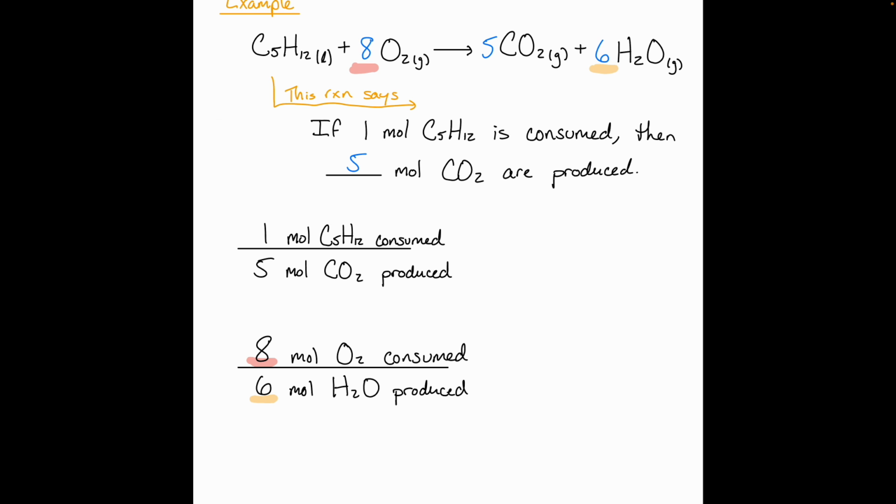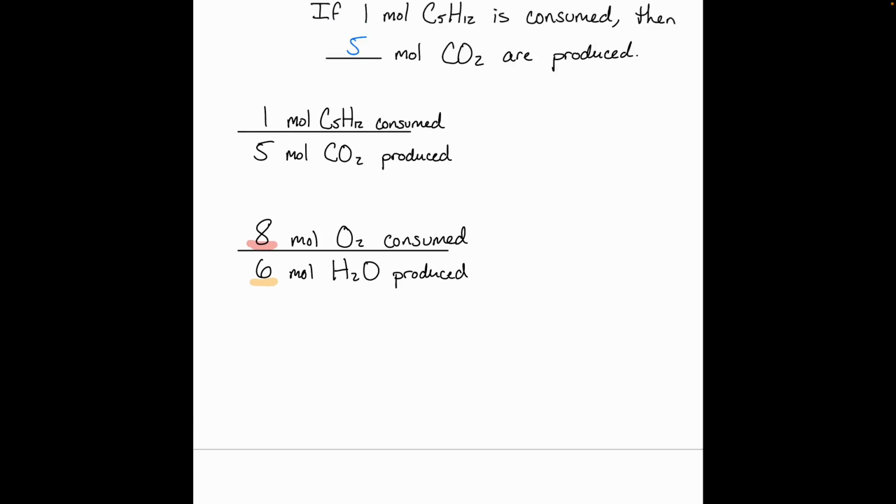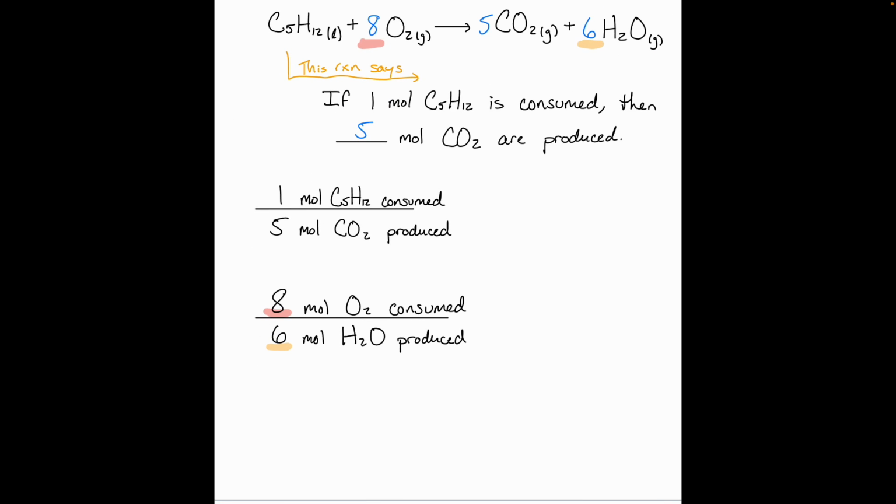Now, I picked something from one side and something from the other. This balanced chemical equation locks in these ratios in which your reactants are consumed and your products are produced. You don't have to pick from opposite sides. I could likewise build a stoichiometric ratio that said, if 1 mole of C5H12 is consumed, how many moles of O2 are consumed along with it? Why don't we have to reduce? Mathematically you could, but there's no point, and it's easier to see where it came from if you don't.